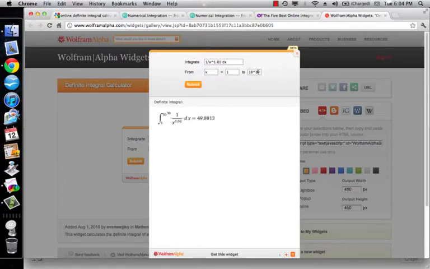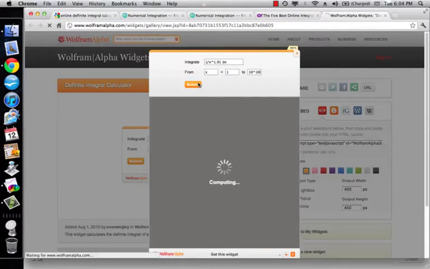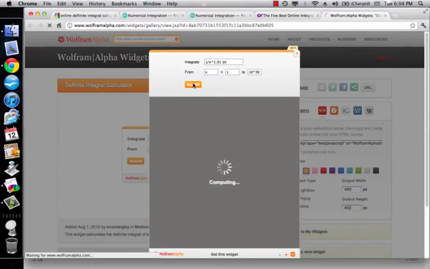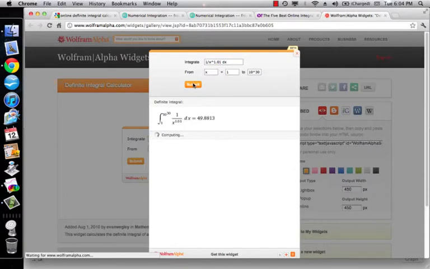Let's see if it likes that. Okay, that seems to be blowing up, but I might have just hit the limits of what I could do. Basically, if you work it out on paper, you should get 50. I'll let you work that out on your own.